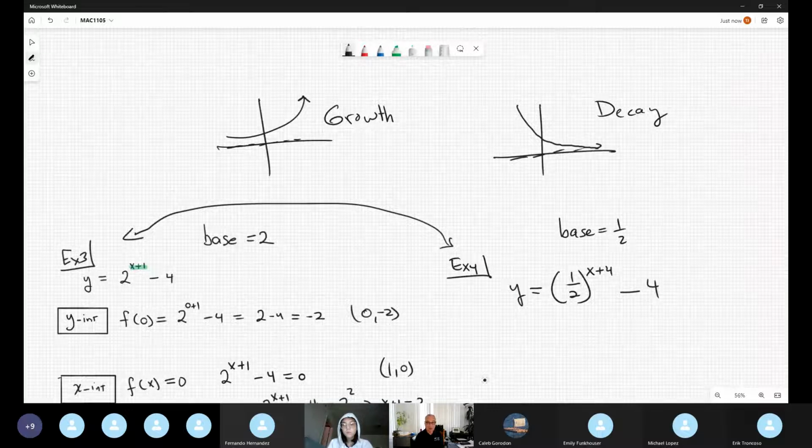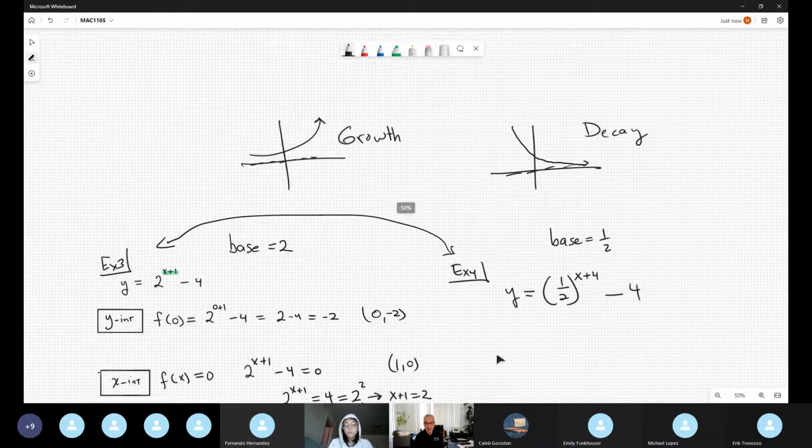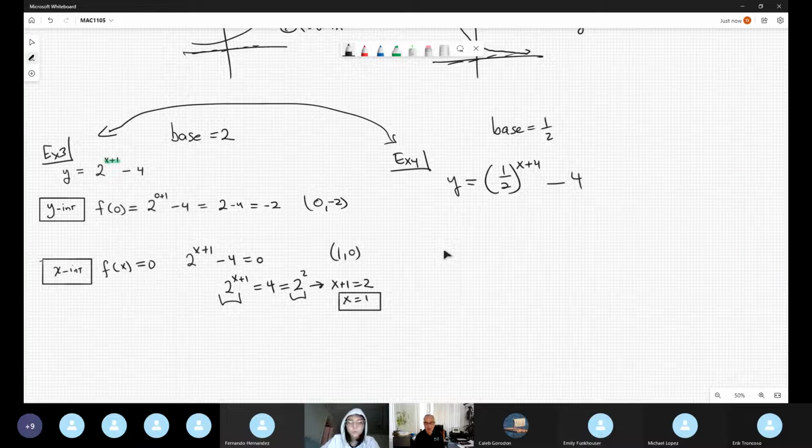Now, let's see what about the transformation? Because the base case in that situation is y equals 1/2 raised to the x. It's the base case I showed you a few minutes ago. Now I see the transformation. Who helps me with the transformation? Elsa, another student.